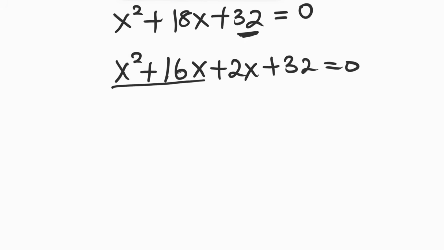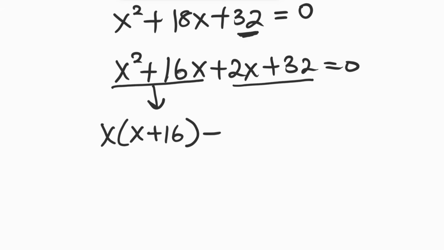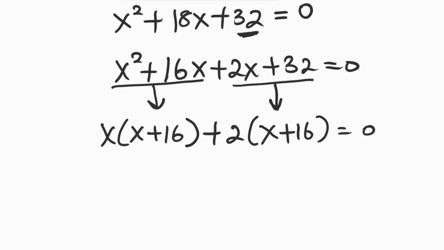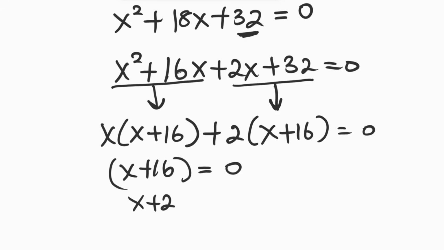So now let us work with them in pairs, right? From the first pair we can factor out x, and so we have x(x + 16) plus, from the second pair we can factor out 2, so we have 2(x + 16) as well, equals 0. So now we have two equations. We have x plus 16 equals 0 and x plus 2 equals 0.